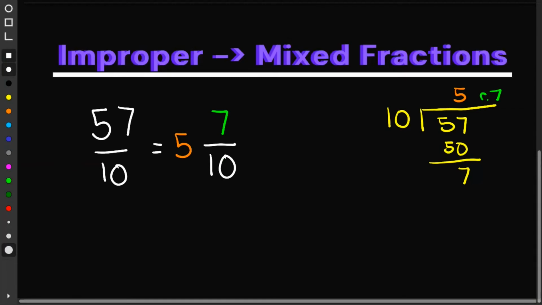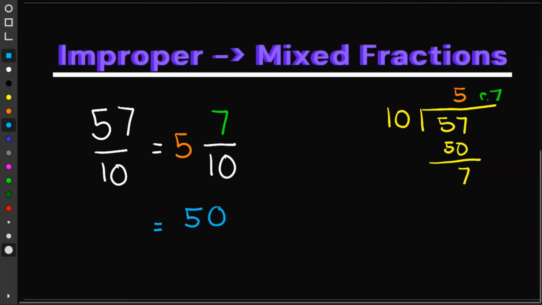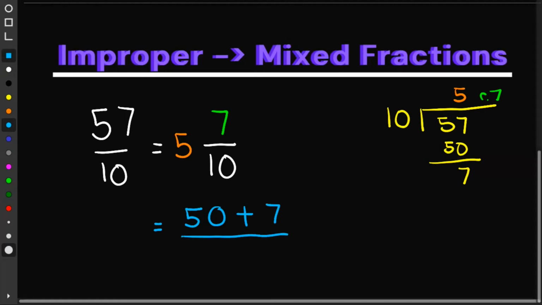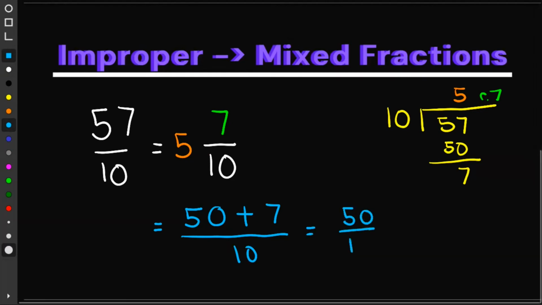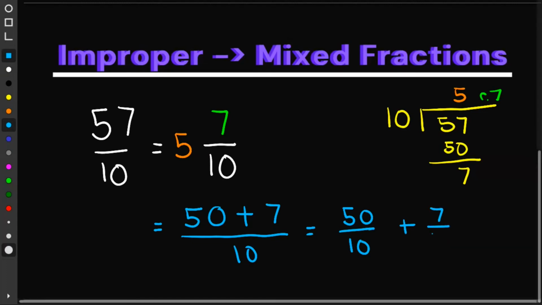Now if you are having some trouble in dividing, there is another method on how to solve this, but it will involve addition of fractions. But just to show a glimpse of it, say if we have 57/10, note that we can actually write out 57 as 50 plus 7 all over 10. Now this is also equal to 50/10 plus 7/10.